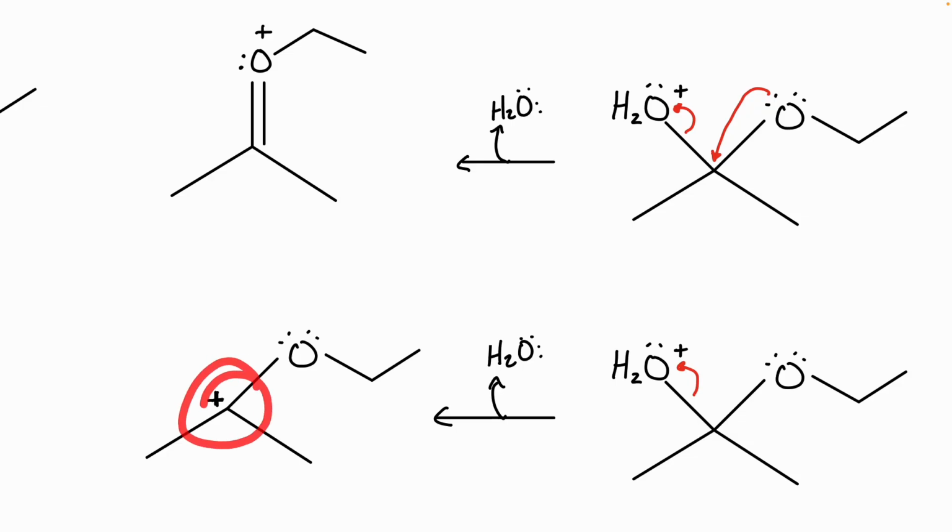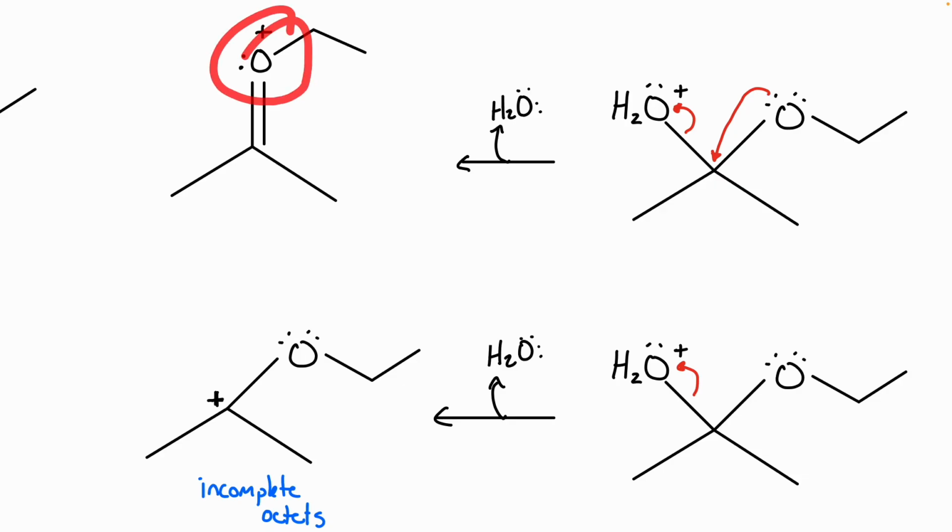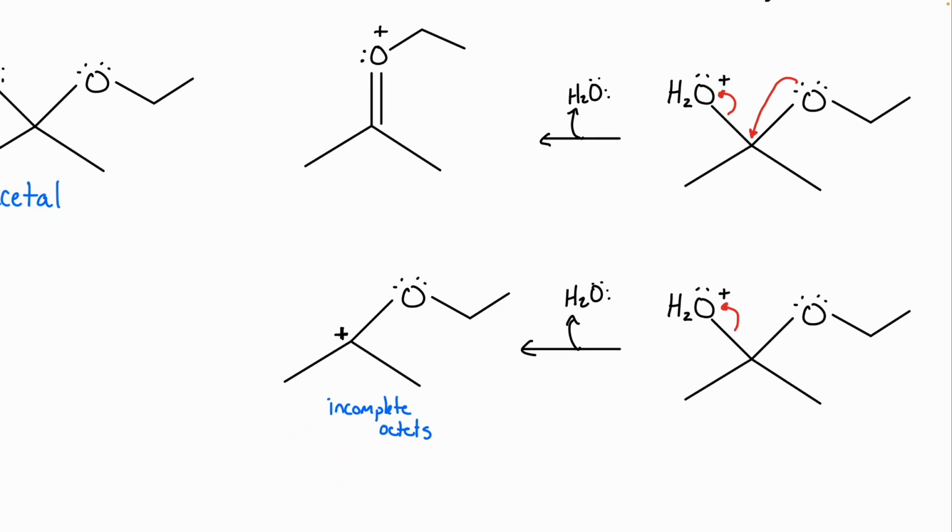Carbocations have incomplete octets. Right? We do see carbocation intermediates, but yes, they are very unstable because they have incomplete octets. If instead I put that positive charge on my oxygen, well, oxygen has a complete octet with that formal charge of +1. So both of these accomplish the same goal.